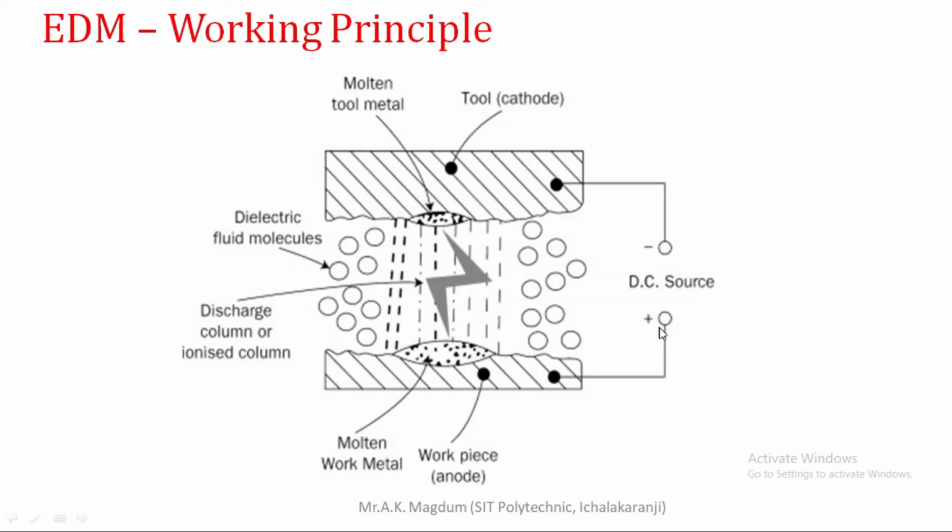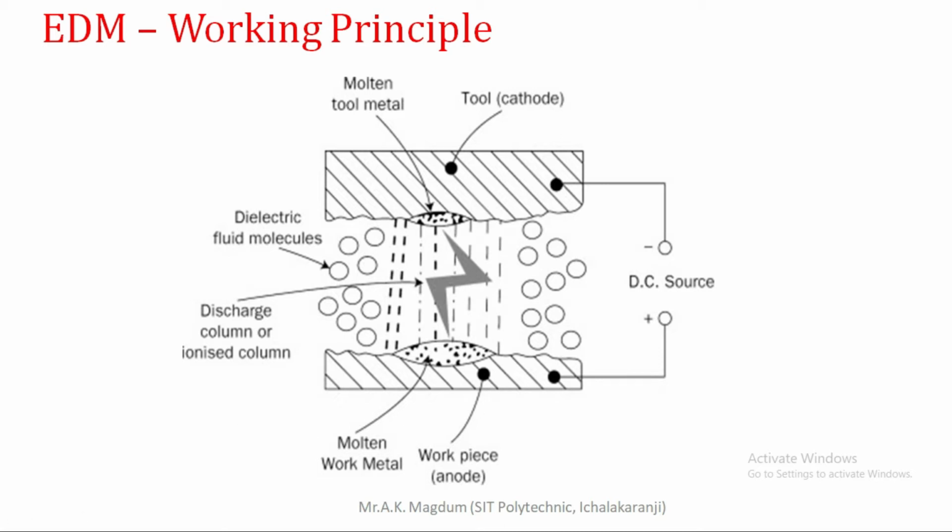Here, the positive terminal is connected to the workpiece surface and the negative terminal is connected to the electrode surface. Why is the positive terminal connected to the workpiece? Because we want to remove the material from the workpiece. Whenever you connect the workpiece surface with the positive terminal, only then will a larger quantity of material be removed from the workpiece.